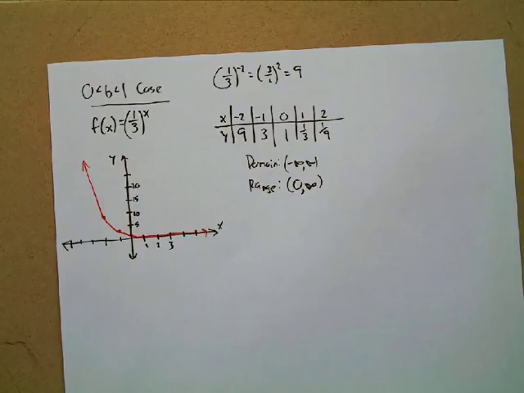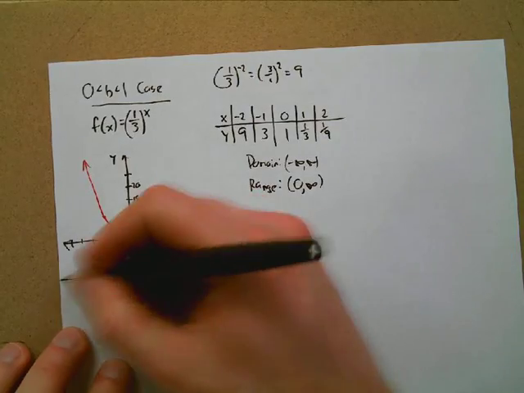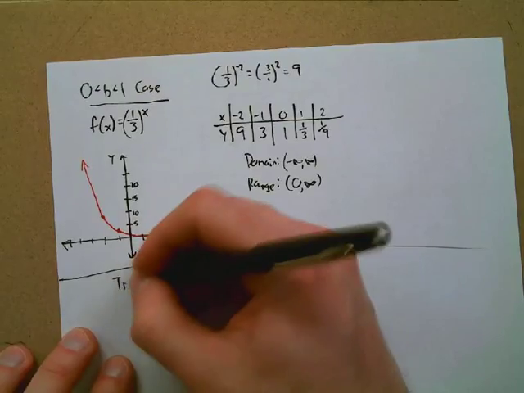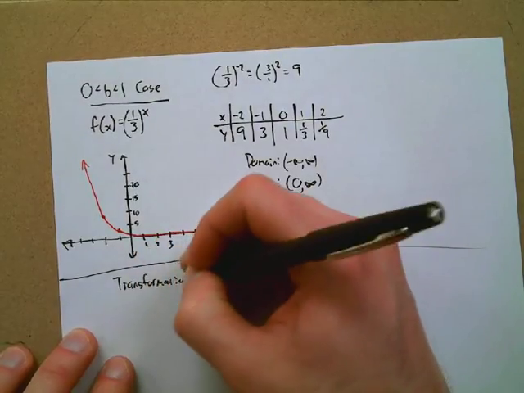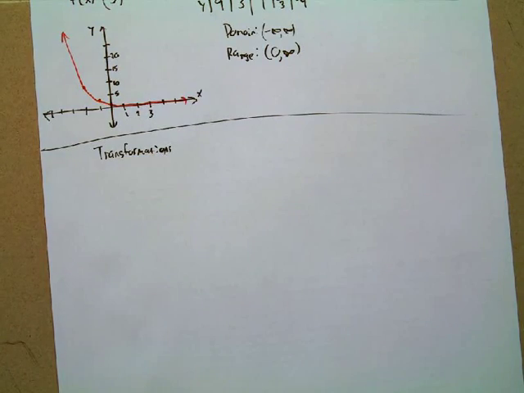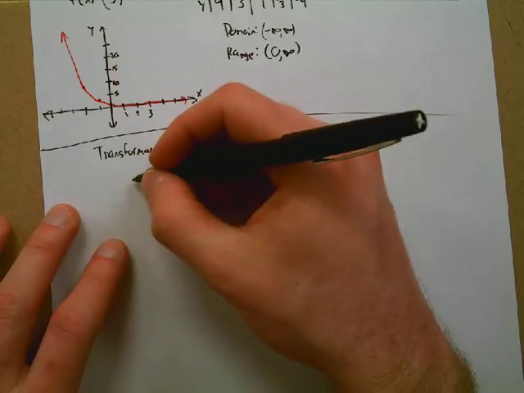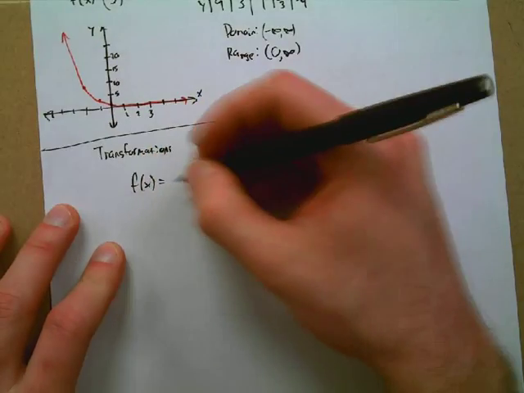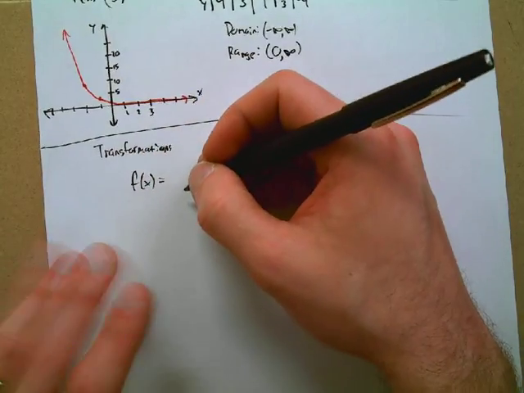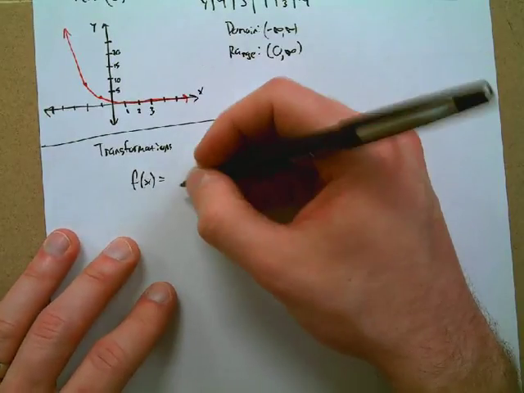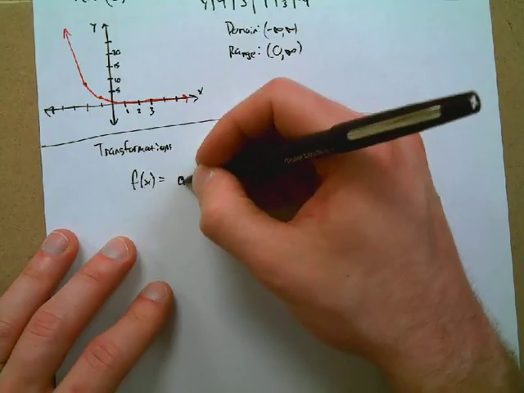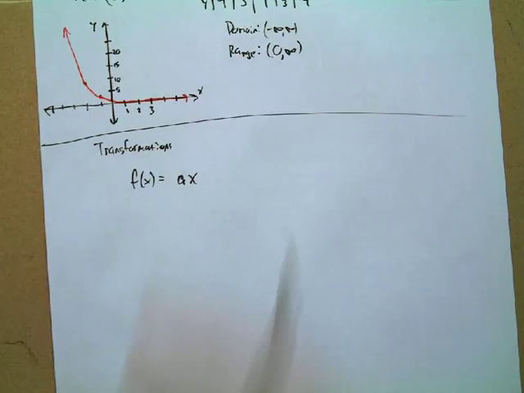Speaking of that, the last thing I want to talk about here is transformations of an exponential function, and then we'll be done. I'll just list some things here. So we'll say, oops, sorry, not a times x.